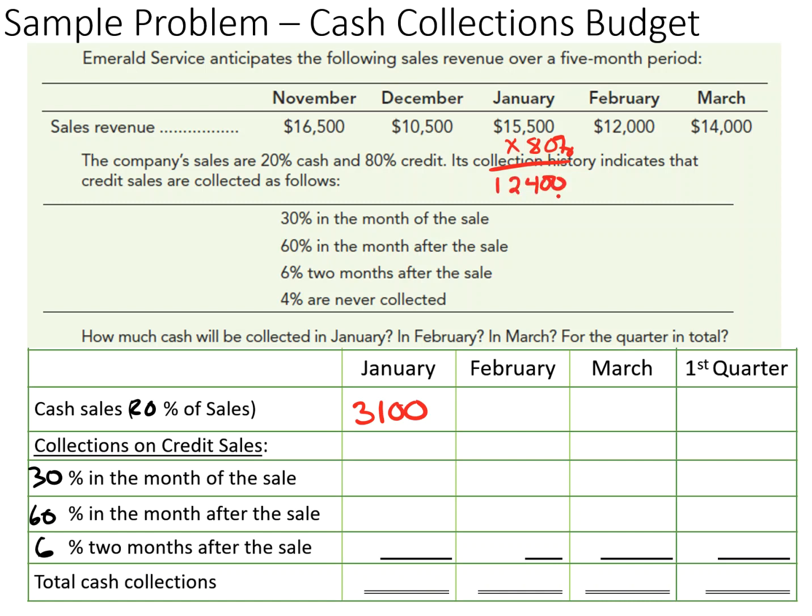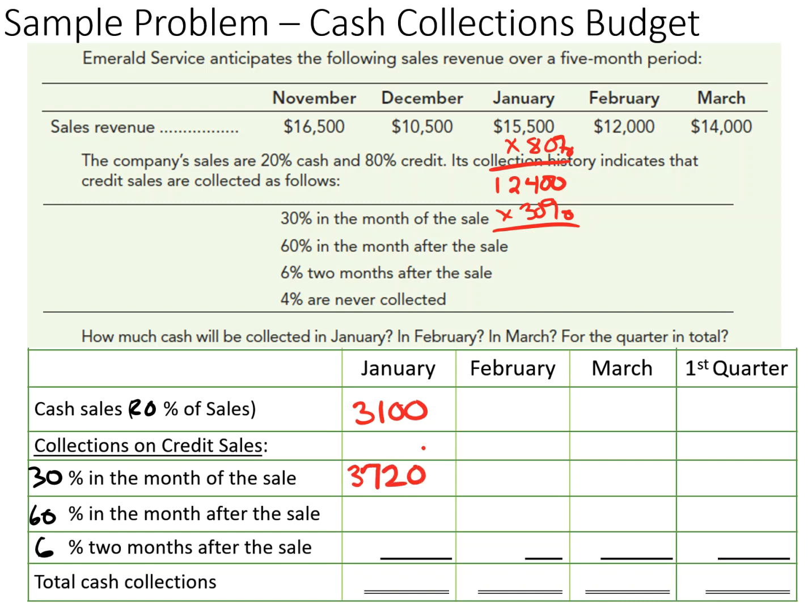Okay, so now that I know 12,400 of my sales in January were credit, I can figure out how much was received in the month of sales. So multiply that now times 30%. 12,400 times 30% is 3,720.